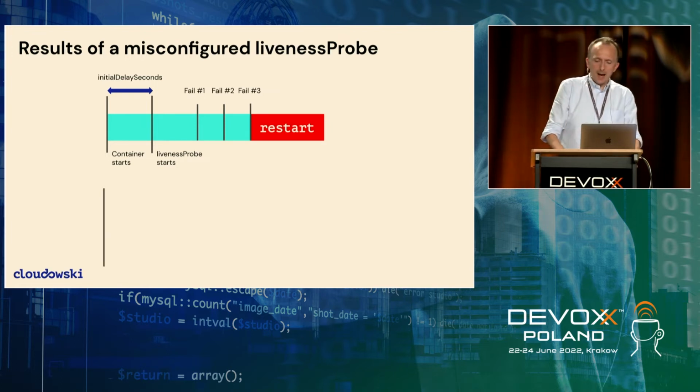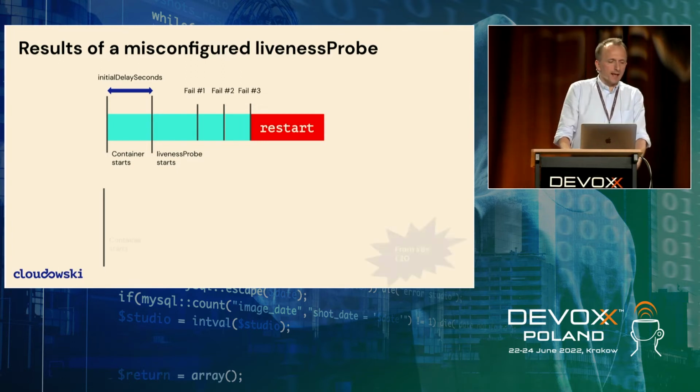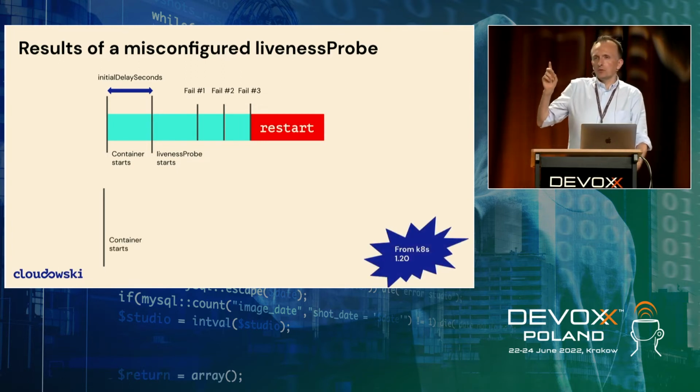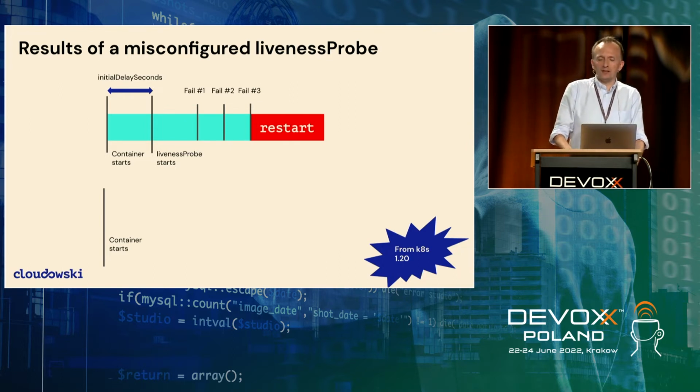We also learned something very important, because I'm not sure if you know, but there are 3 types of probes available in Kubernetes. From version 1.20, there is a third probe called startup probe. And it would probably be very beneficial for us if we had Kubernetes 1.20, but we didn't. So how would it work with Kubernetes 1.20?